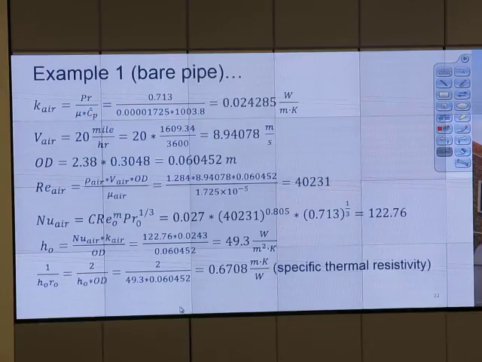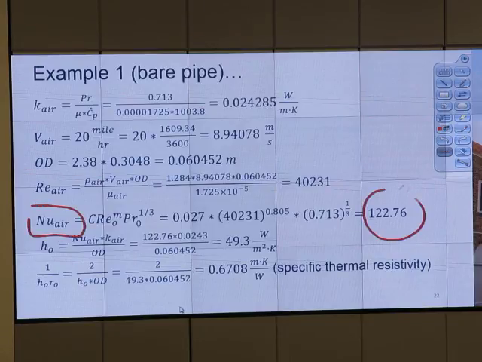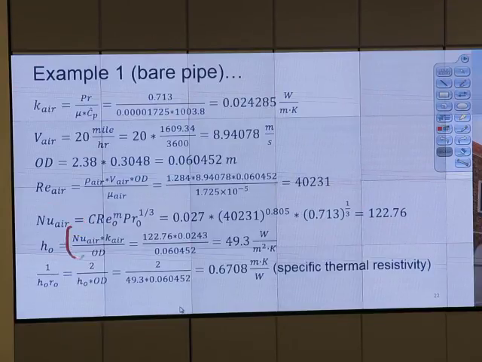Put everything in, and I get Nusselt number for air, 122. I know the definition of Nusselt number is Nu equals hD over k. So h is Nusselt number times k over D. You know that, right? Okay. So I get ho.